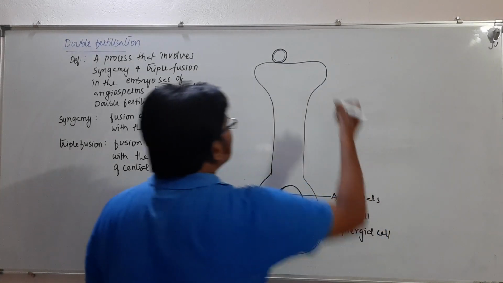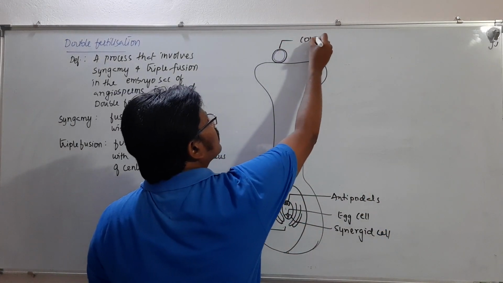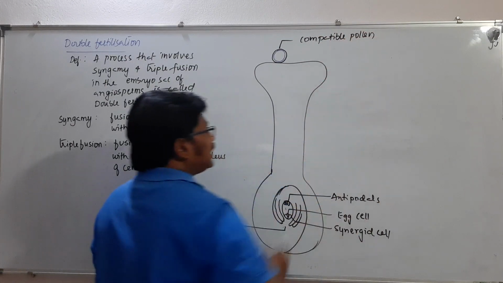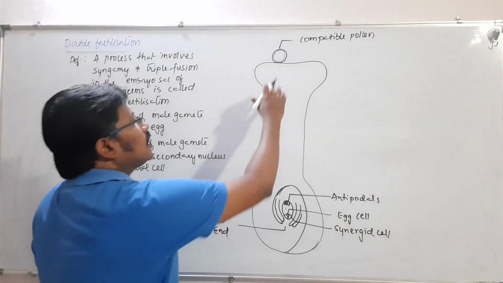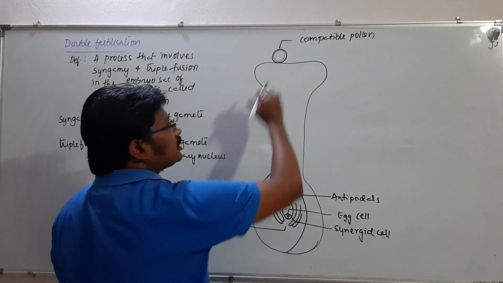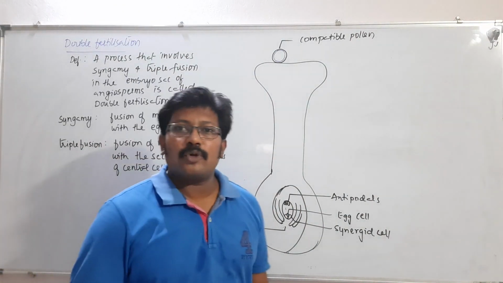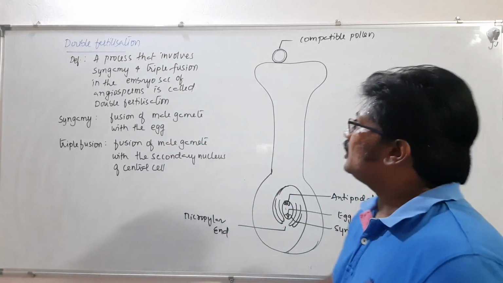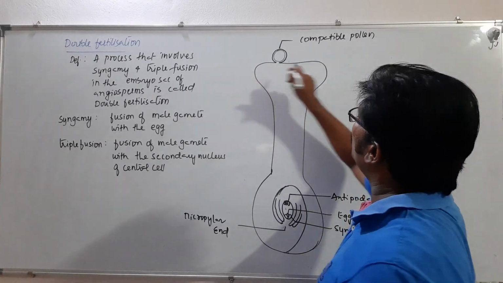So here a compatible pollen settles on the stigma. Now this undergoes germination, and germination is a process where the pollen tube emerges out through the germ pore.